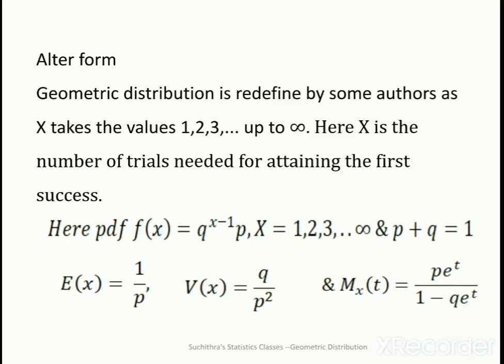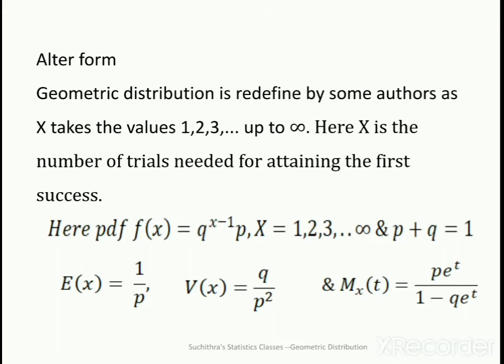Then there is an alternative form for geometric distribution. Geometric distribution is redefined by some authors as x takes the value 1, 2, 3 up to infinity. So far we have the values of x are 0, 1, 2, 3, etc. Here x takes the value 1, 2, 3, etc. Here x is the number of trials needed for attaining the first success.